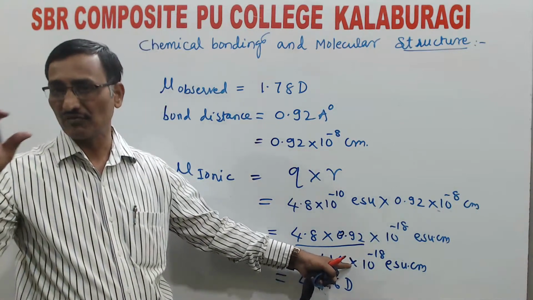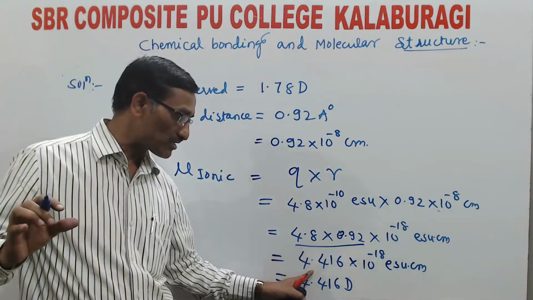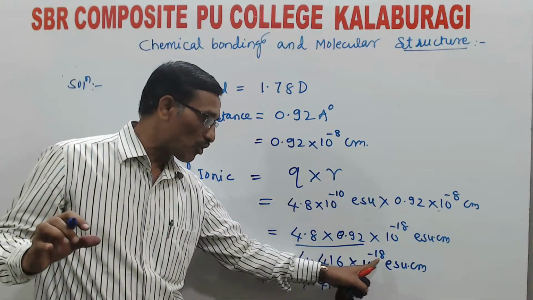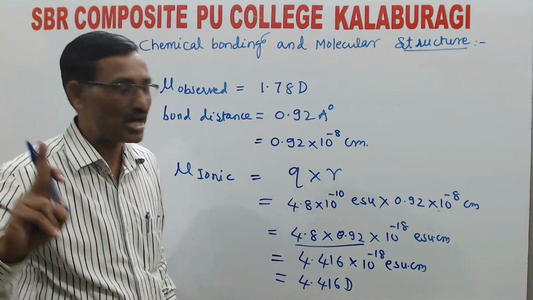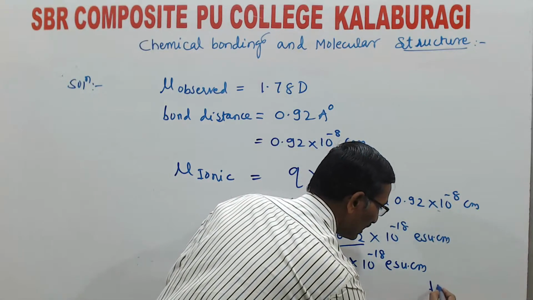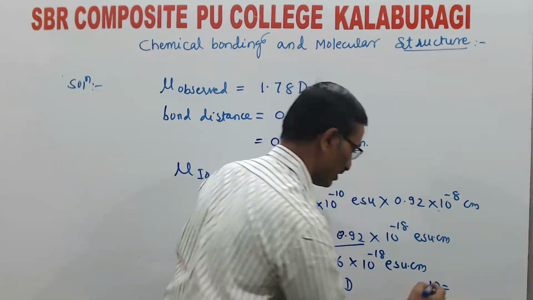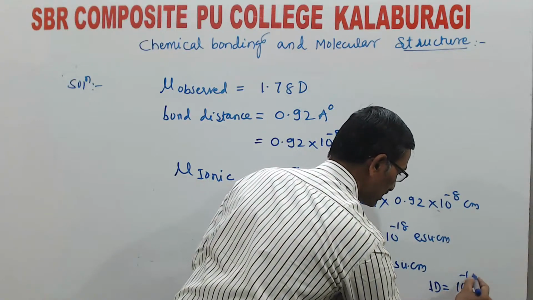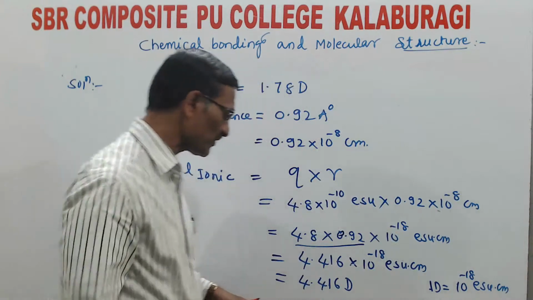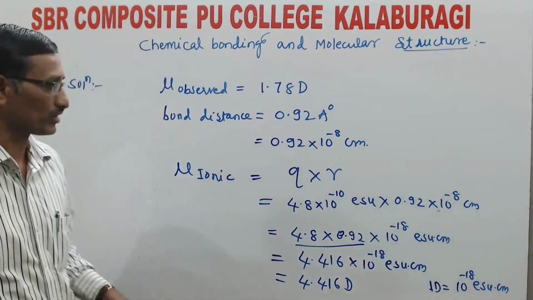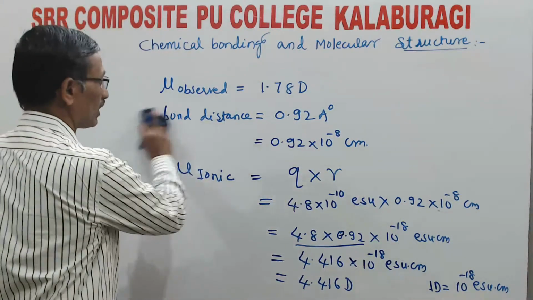What is that conversion factor, students? How to multiply? 4.416 into 10 to the power of minus 18 ESU centimeter; 1 D is equal to 10 to the power of minus 18 electrostatic unit centimeter. Okay, 4.416 I wrote.